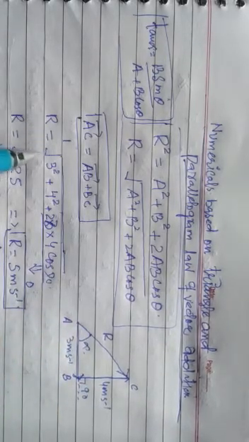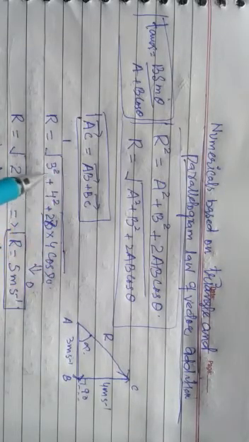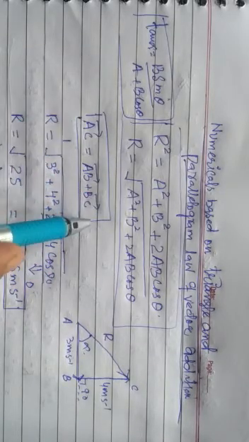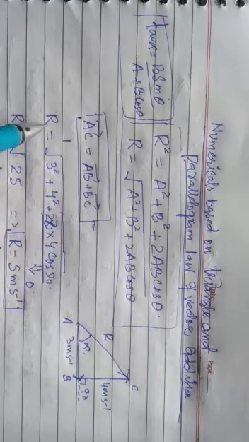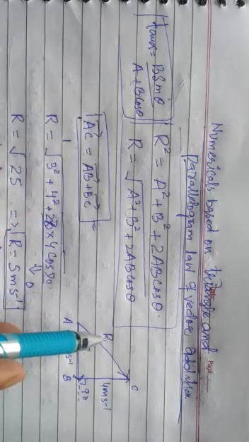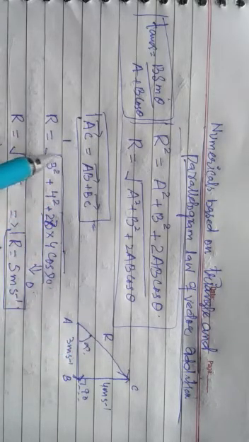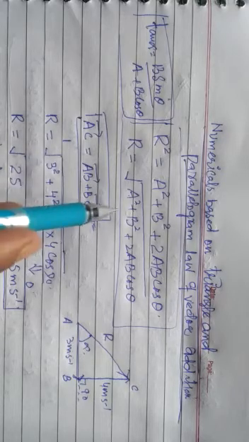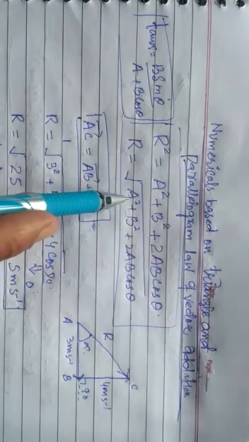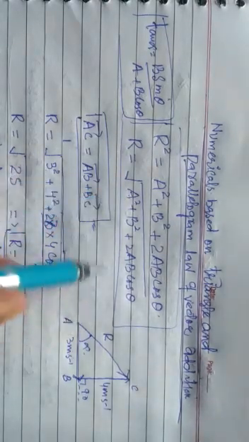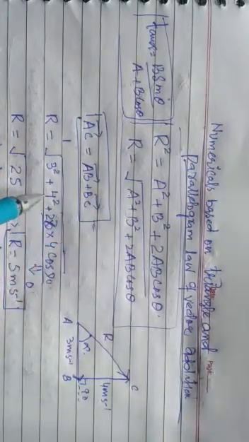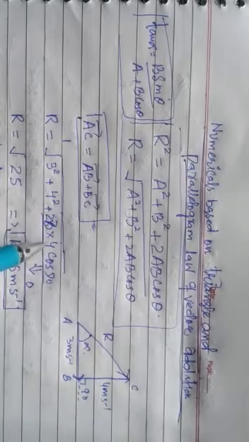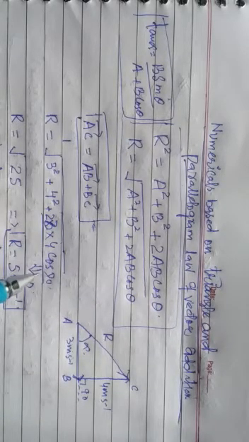So here r equals to under root of, this is vectorly and this is magnitude. In order to calculate the magnitude of this vector r, we have to use the magnitude of vector A squared, magnitude of vector B squared, plus 2ab cos of theta. 2 into 3 into 4 into cos of 90.